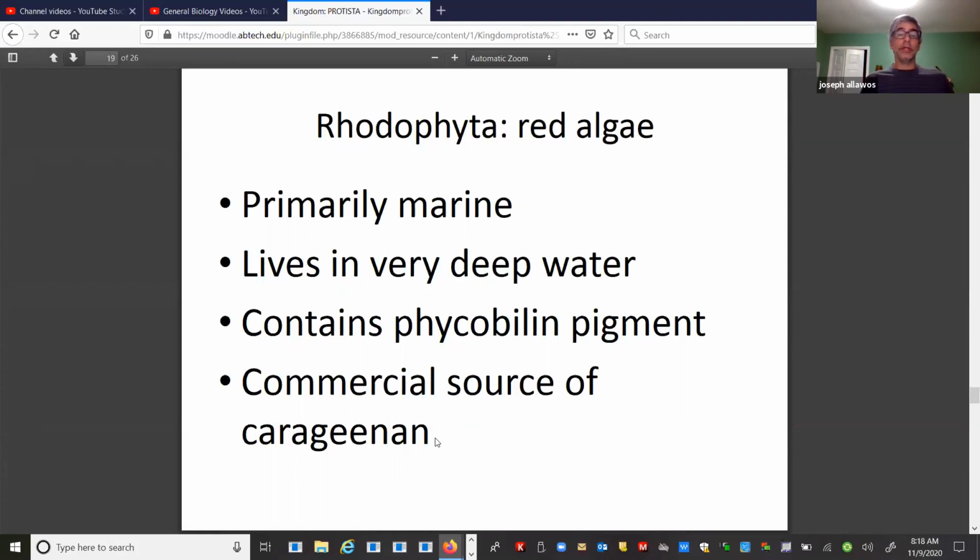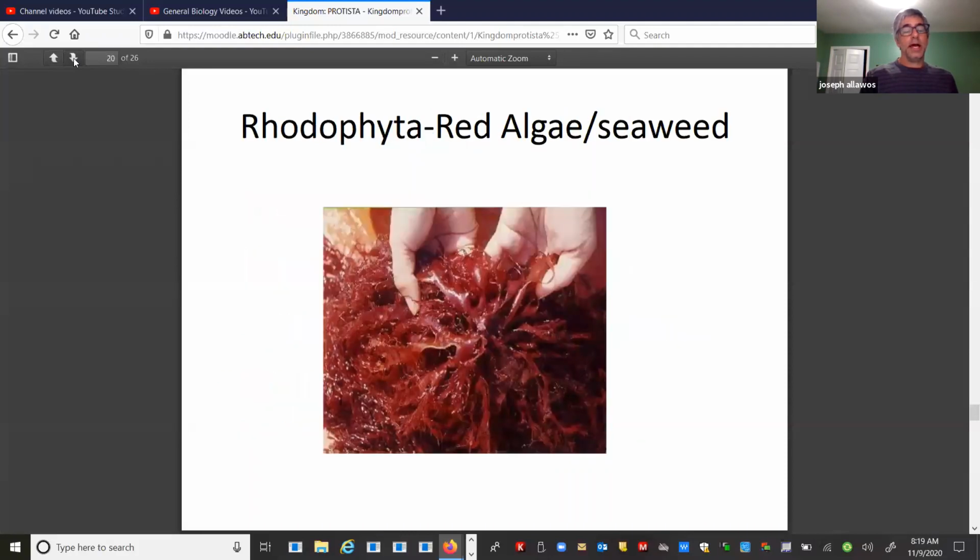Now, if you're a food label reader, you've seen this as a food ingredient in things like milk products that aren't made from dairy, like soy milk or rice milk, ice cream. It's used as a thickening agent and also an emulsifier, meaning it keeps the different ingredients mixed together. Okay, so there's that. And there's a picture of the reds. They're really pretty. They're also commonly called seaweeds.